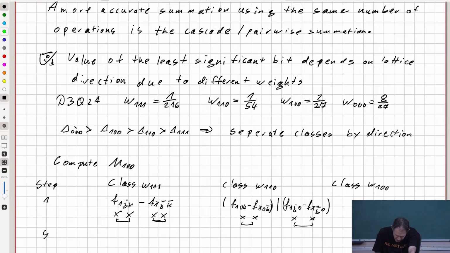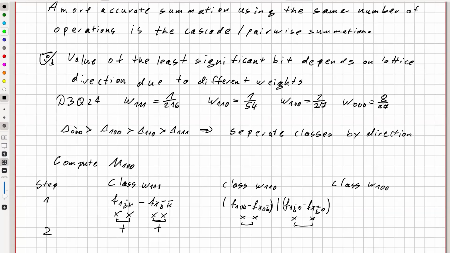And this gives us step number 2, where we sum these guys here. We also have 1 permutation of this. This is F100 minus F minus 1, 0, 0. They have only one permutation. So there's only one such operation.